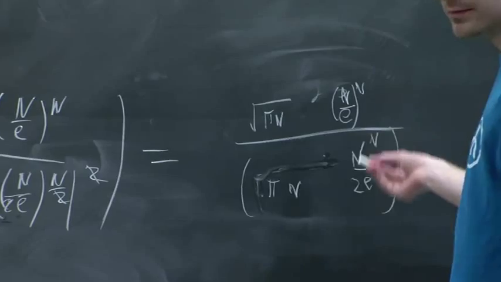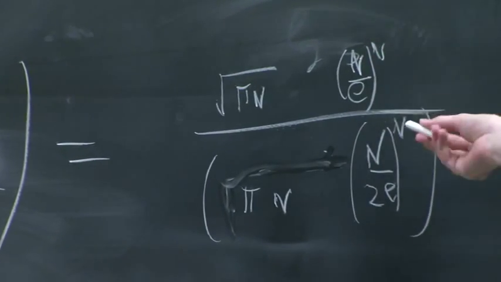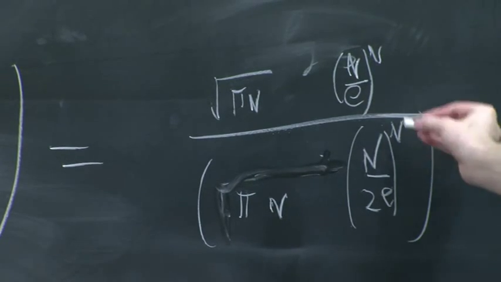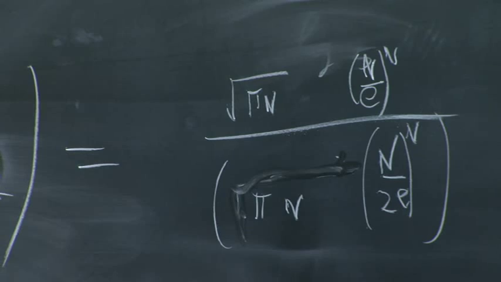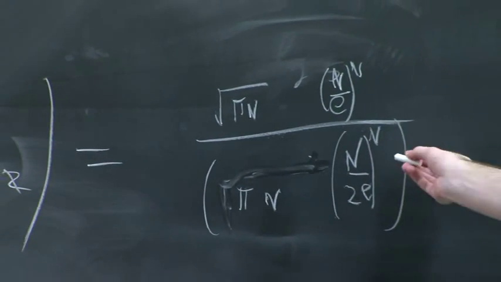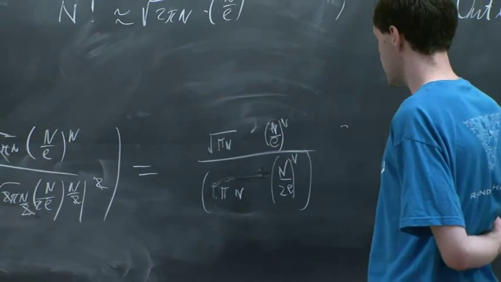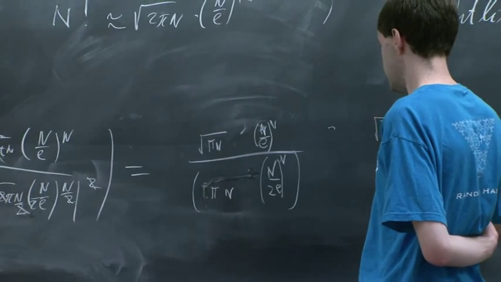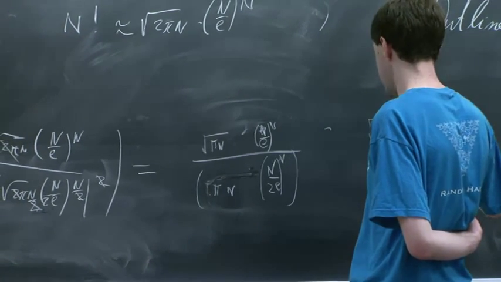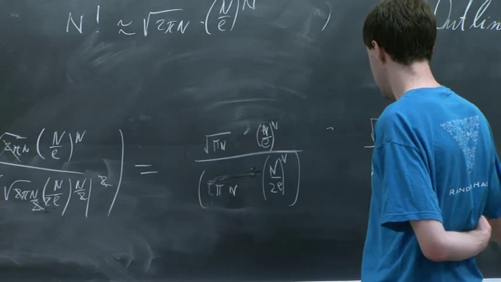Do you use parentheses for n over 2e? Yeah, that's probably good. Since this is n over e to the n and n over 2e to the n, since they're both to the n, we can keep them as a single exponent and cancel stuff, so we just get square root of pi n times 2 to the n over pi n.